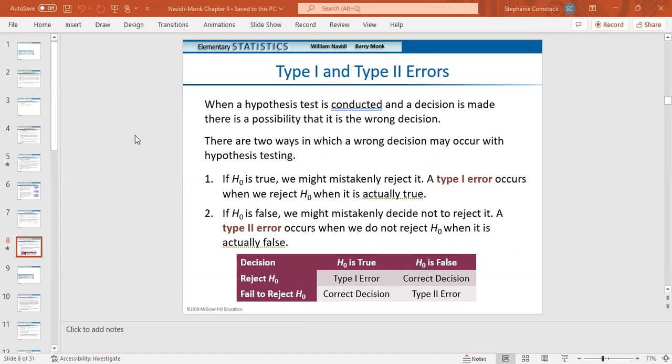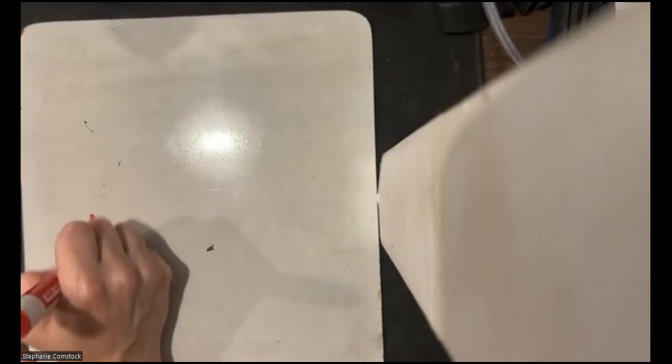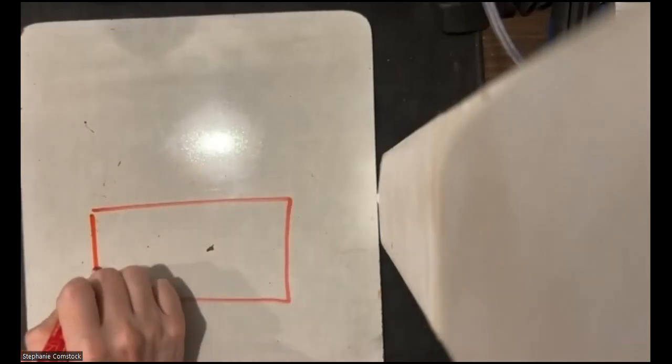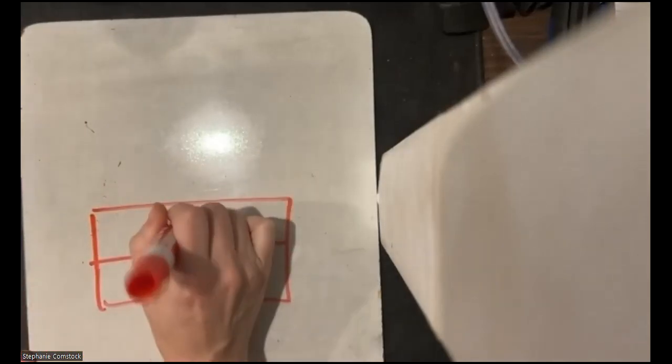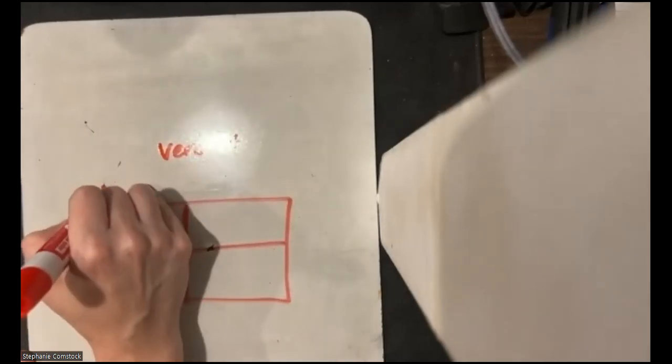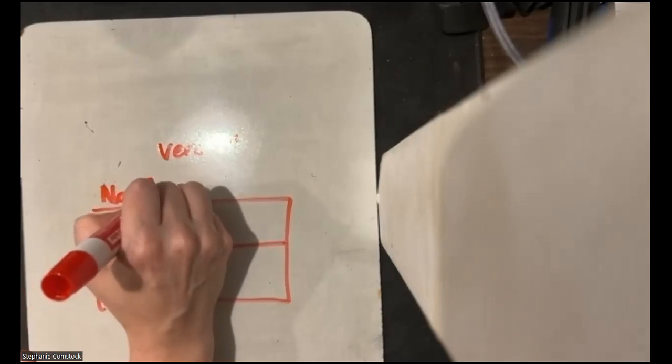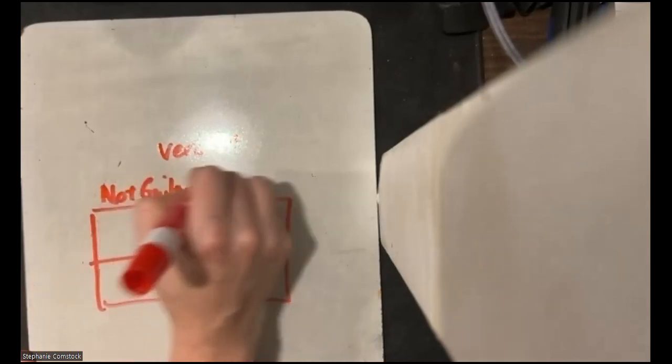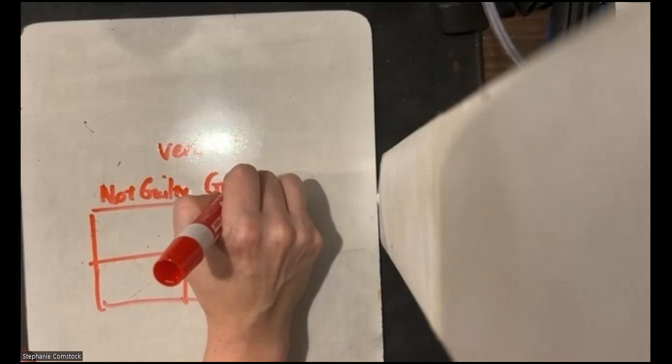Okay, so they give us this pretty little chart. I'm going to draw another version of this so that you can understand where this is coming from. If we think about this like our court case, I'm going to build this up again. So this is going to be our verdict up here. We find them not guilty, and we find them guilty.